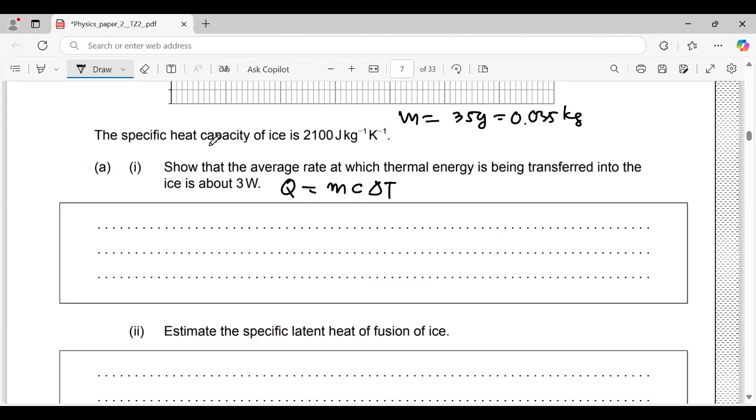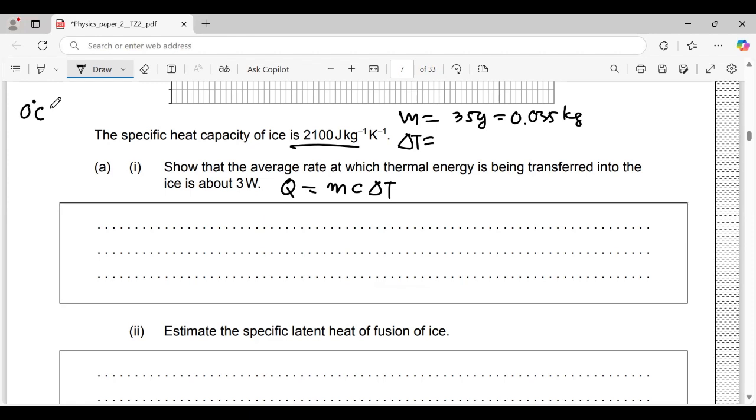C is this one, the specific heat capacity of ice. This is the number. And delta T, we have to convert from Celsius to Kelvin because the specific heat capacity is in Kelvin, not in Celsius.